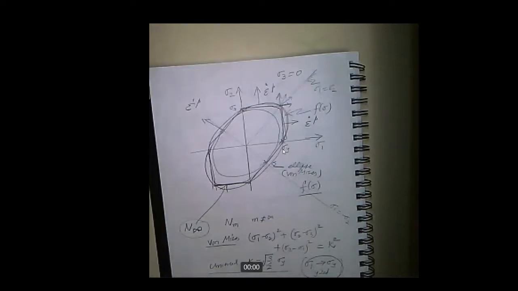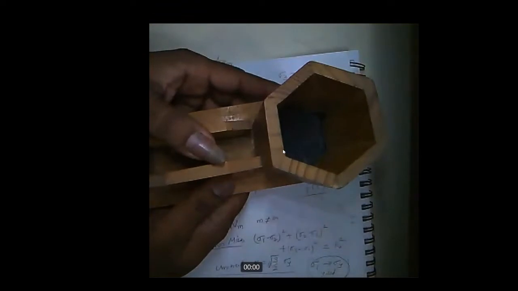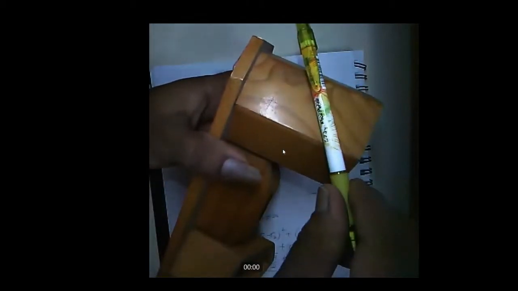Yes, sir. Let me see if I can explain to you through this. So if I see it like this, it is like this. If I had cut it off in a plane like this, what will happen is this length will increase, elongated, and this length will decrease, right?